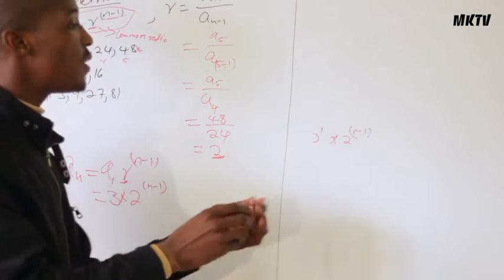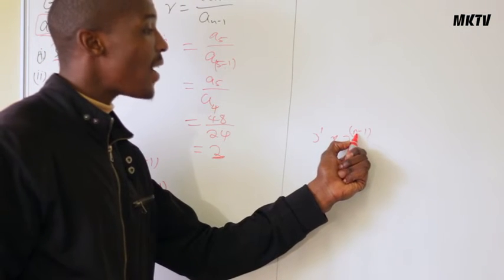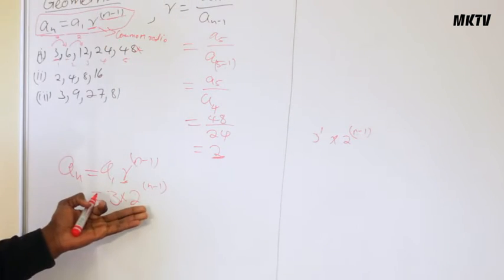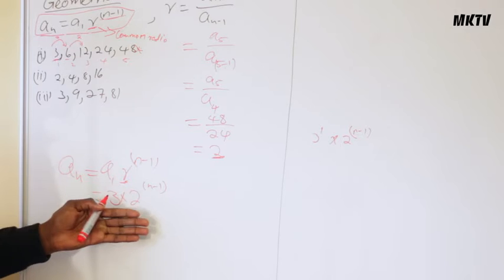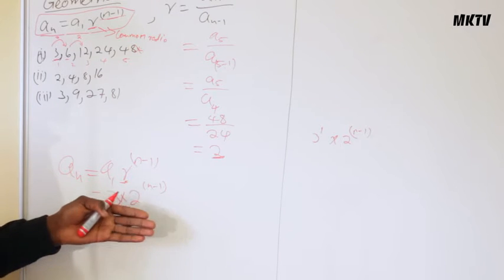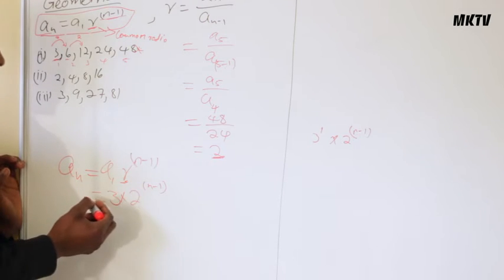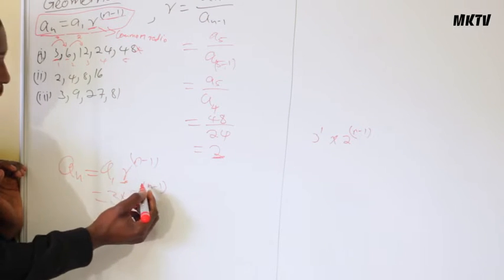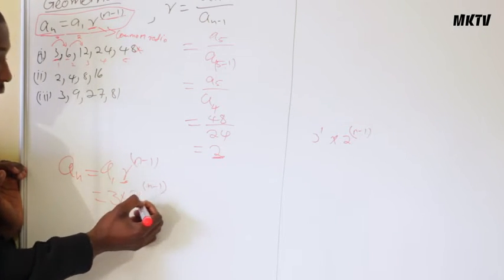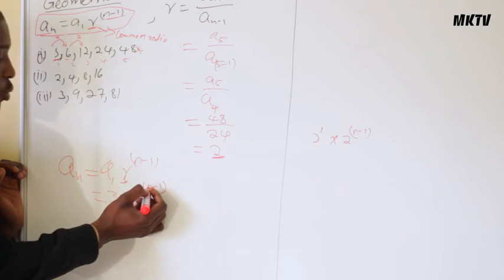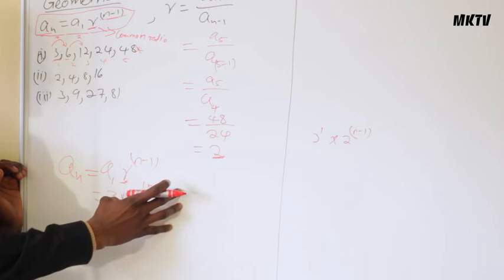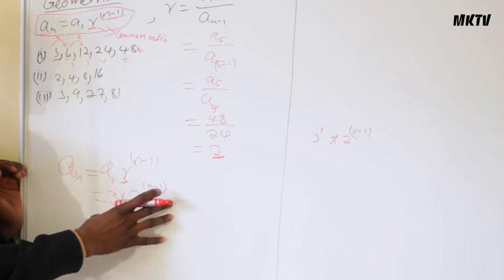Since we don't know the value of n, we will leave our formula, the nth term, in this form, because we wanted to have the nth term in terms of n.